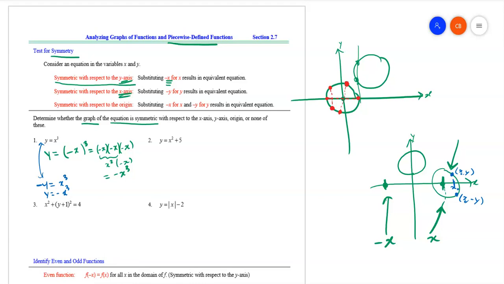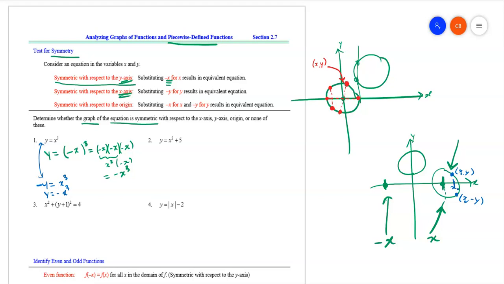Now the last one that we're going to check, what about symmetric with respect to the origin? That's the one where we want to check the fact that, and this is what I was trying to explain earlier, this point over here, let's call this the point x, y. If that is a solution of the equation, that means that point will be on the graph of the equation.